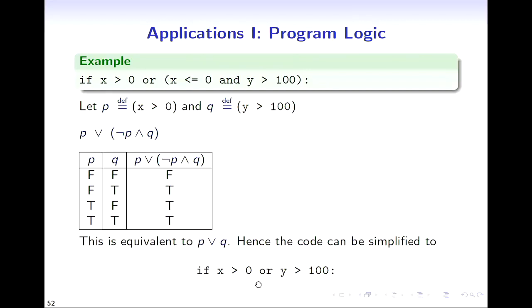And in all possible cases, for all possible values for x and y, we can be guaranteed by this logical analysis that this condition here would do the exact same thing as this condition. That might be easy to see with an example like this, but if you have very complicated conditions, then an analysis like this might make it really possible to significantly simplify a convoluted condition that you have here, just by simple logical reasoning.